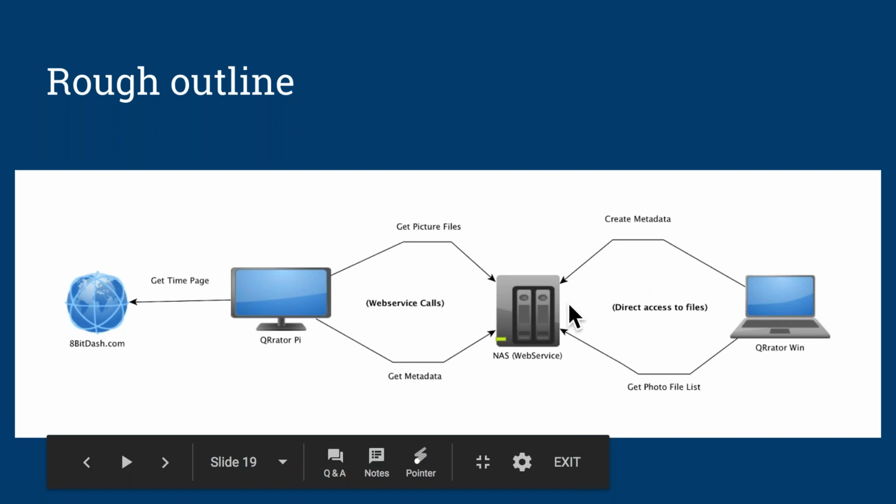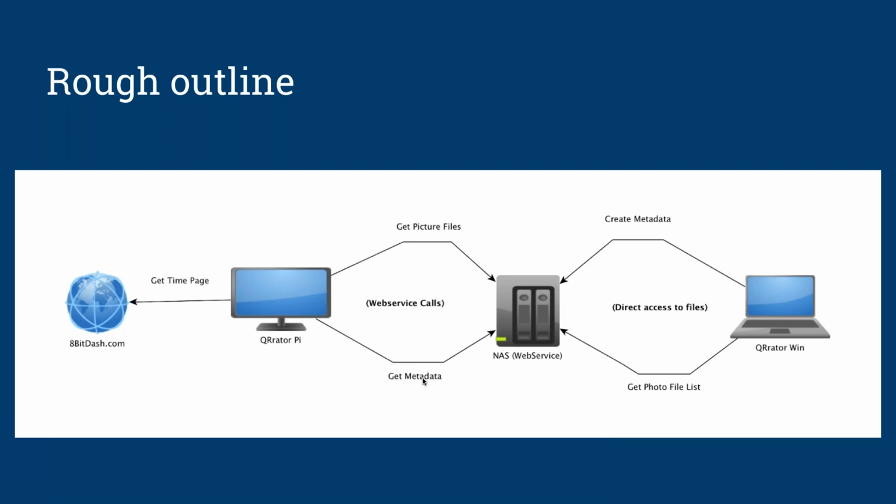So Curator Win here looks at the images on the NAS and creates a file for Curator Pi here to access, so it knows which images to get. That list, however, can only be retrieved through a web service, because Windows IoT Core cannot access the network natively because it is running as a UWP app.